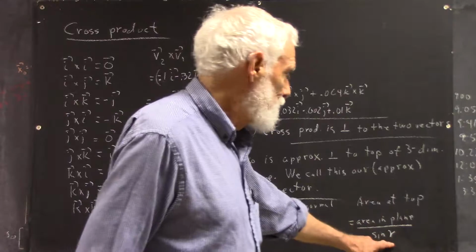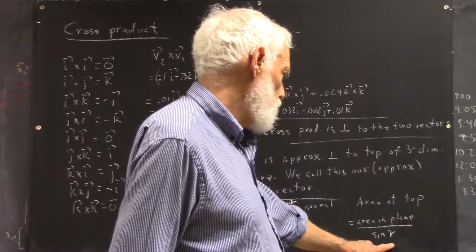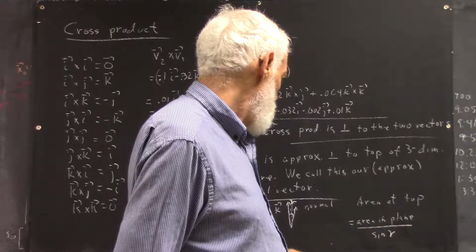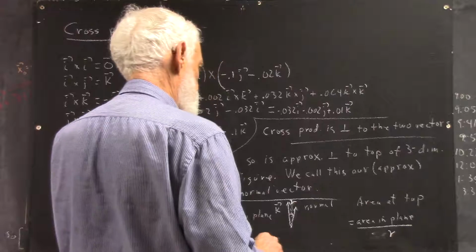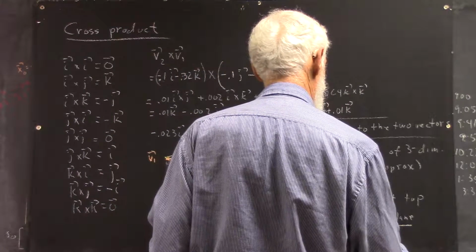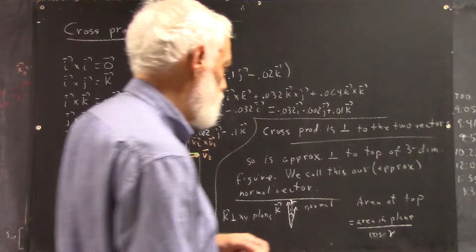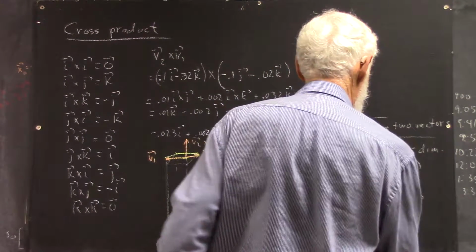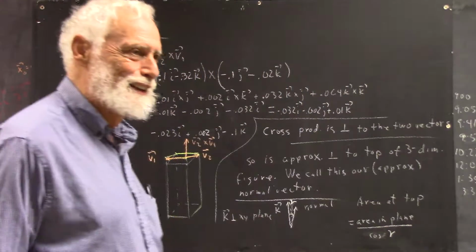If gamma is not, wait a minute. And I wrote that wrong, it's just cosine. No, it's a sine. I don't know. No, it's a cosine. Okay.